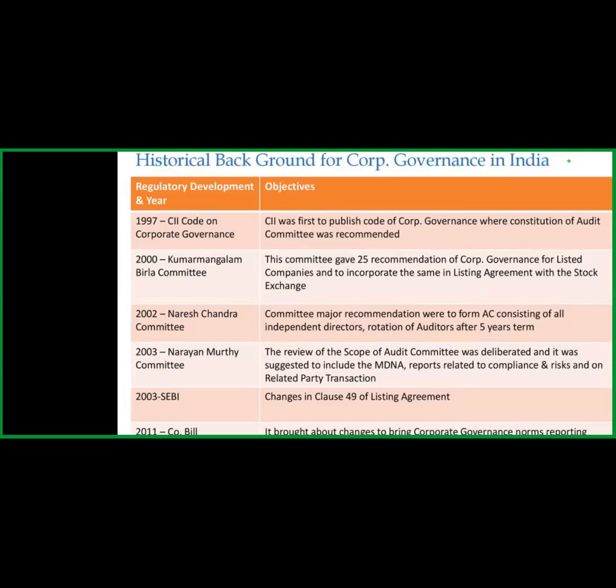So CII, how it evolved in India, corporate governance. CII came up with the idea that the most important part is the audit part, because the frauds are financial. Financial means that finance is involved, money is involved. Certain companies are playing with the figures in the balance sheet.